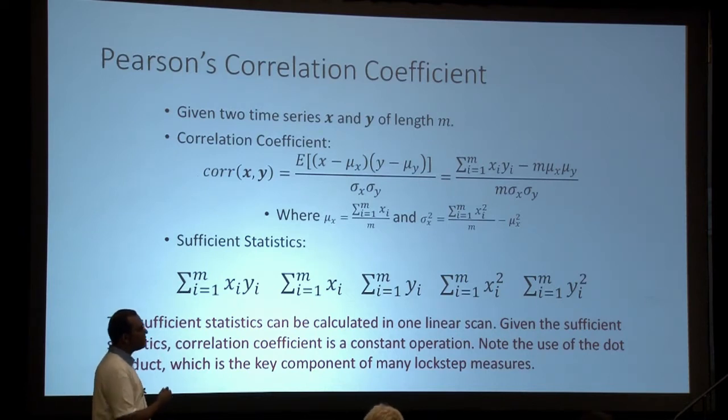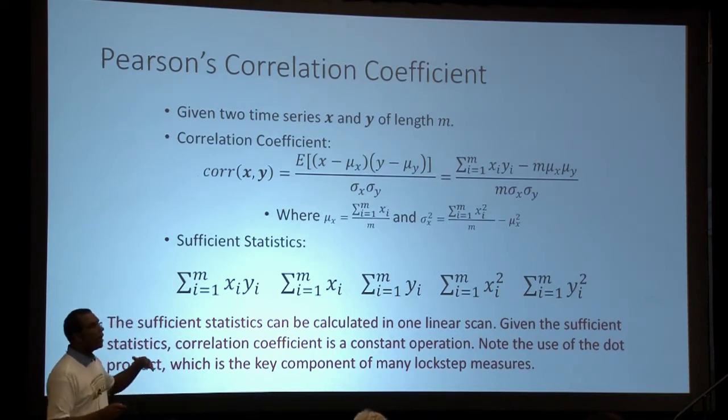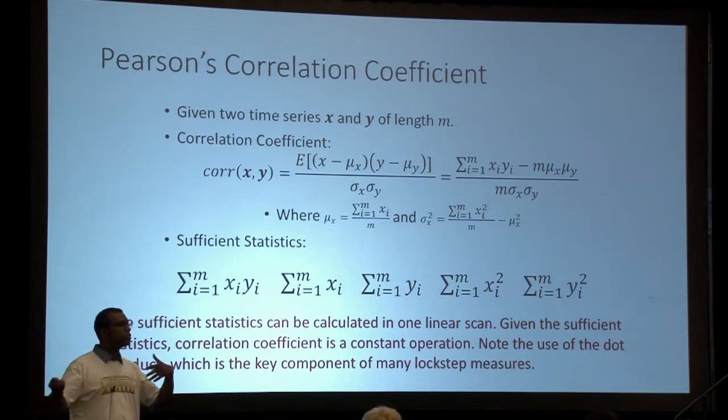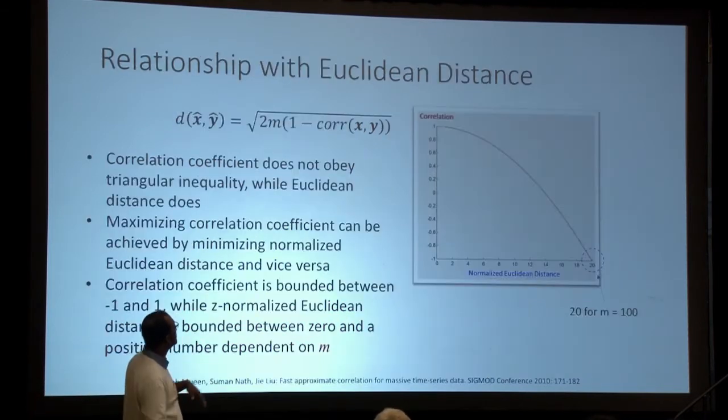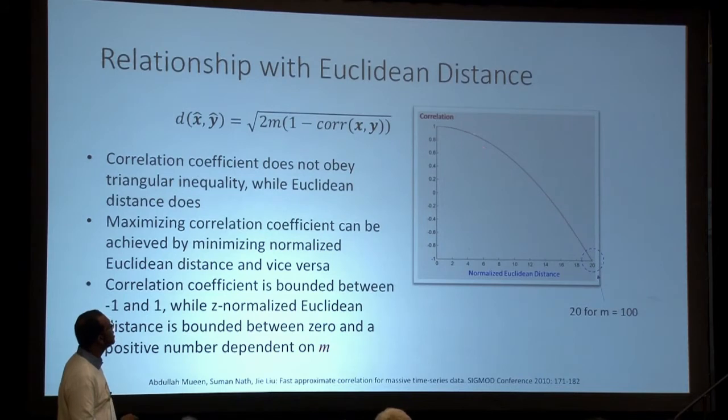So if we have the correlation coefficient like this, then the question is, what is the relationship between Euclidean distance and correlation? And this is the relationship. So you see correlation on the y-axis between -1 and 1, and the normalized Euclidean distance between 0 and some positive number, which depends on the length of the time series.